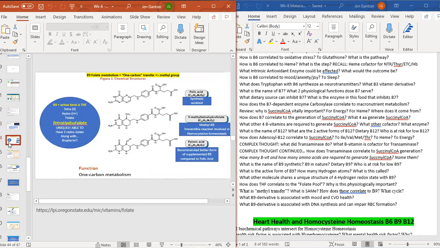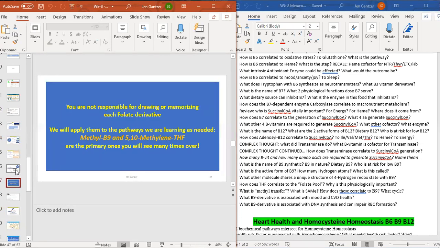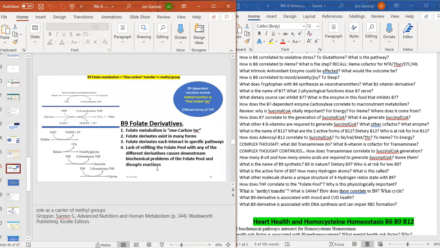When you look at this slide, you can see here that there are different forms. You see folic, you see folinic, and you see methyl tetrahydrofolate. And then if we come down a little bit further, I think I have another picture. Okay, here's another one. All of these are different forms. So we've got dimethylglycine, 5,10-methylene. Okay, you've got folic, dihydrofolic, tetrahydrofolate.